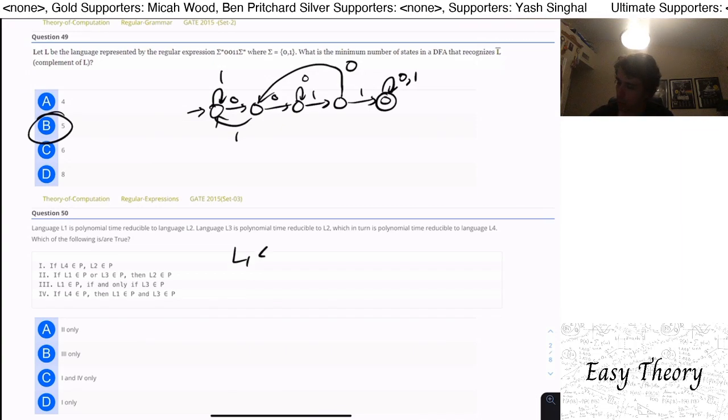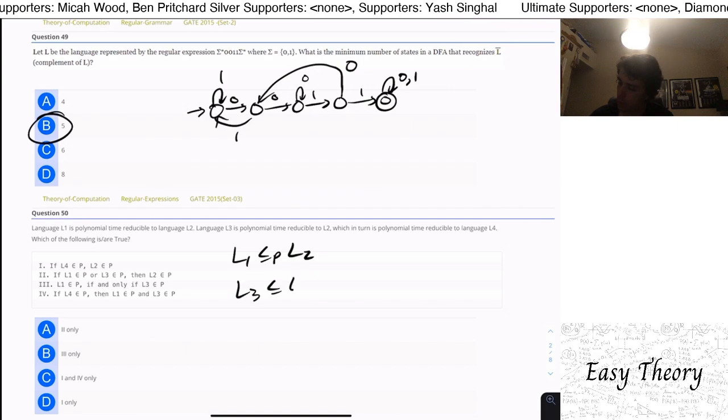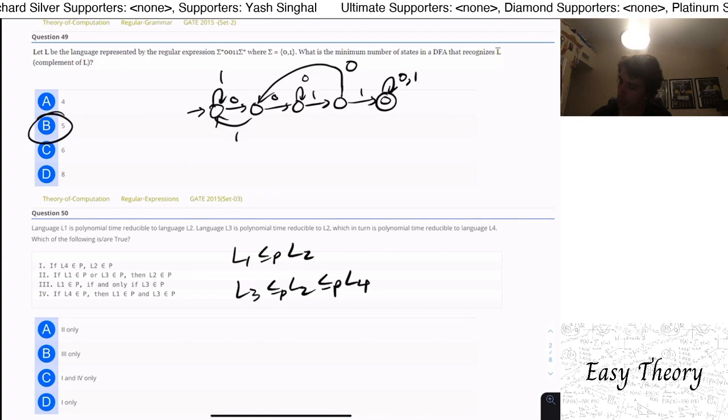Okay, L1 poly reducible to L2, L3 reducible in poly time to L2, which is reduced to L4. So if L4 is in P, L2 is in P, that's true. Yeah, that's true.